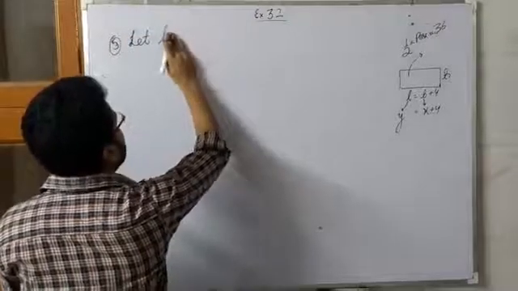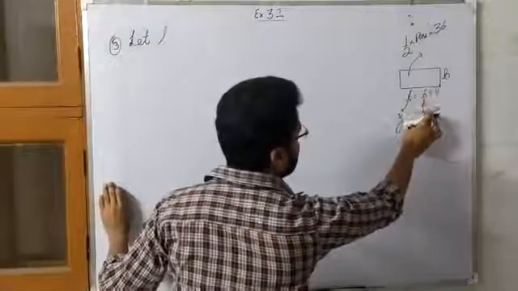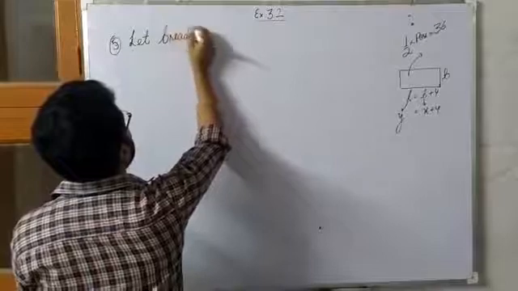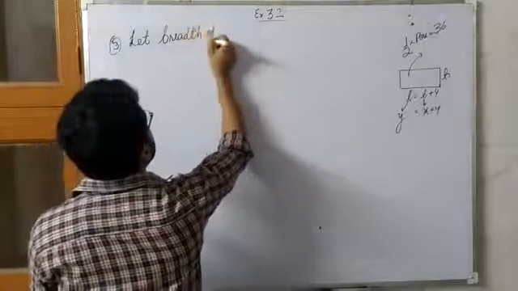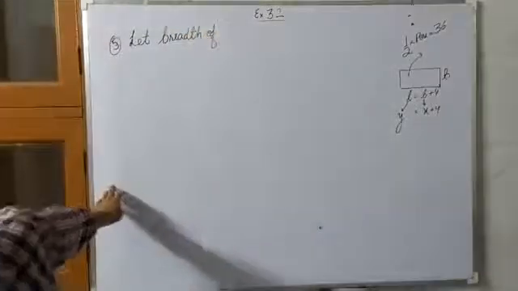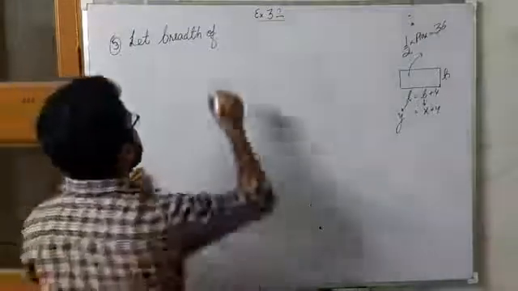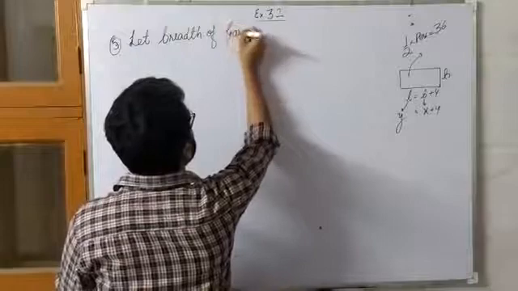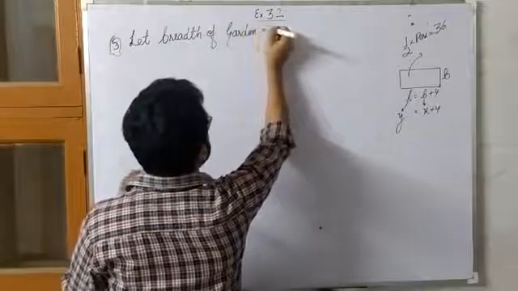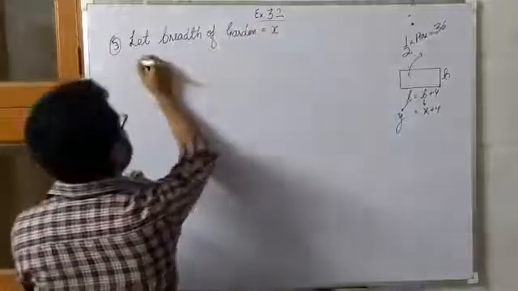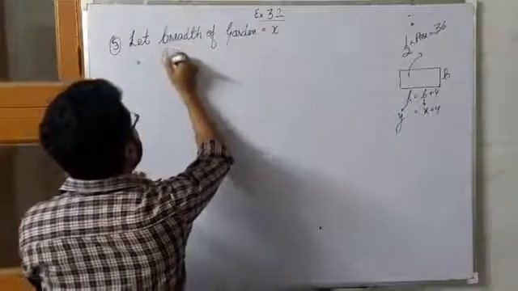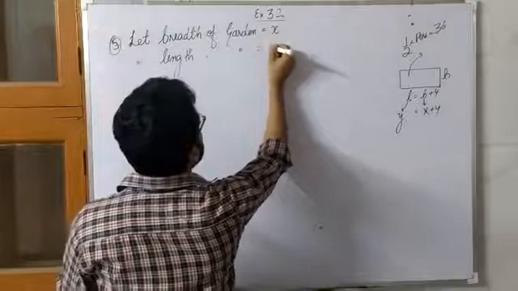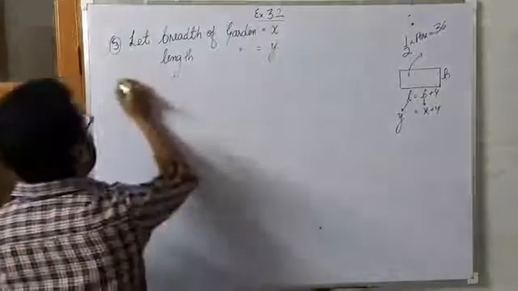First of all we have to let breadth be x. So let breadth of the rectangular garden equal x, and let length of garden be equal to y, right?